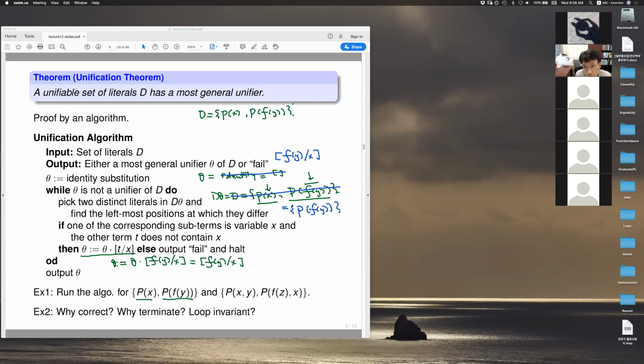The right-hand side remains p of f of y. So it's a unifier. So we get out of the loop and then return theta. So the algorithm said in this specific example, the most general unifier, that's what the algorithm claims, is going to be replacing x by f of y. So that's how the algorithm works for the first example.